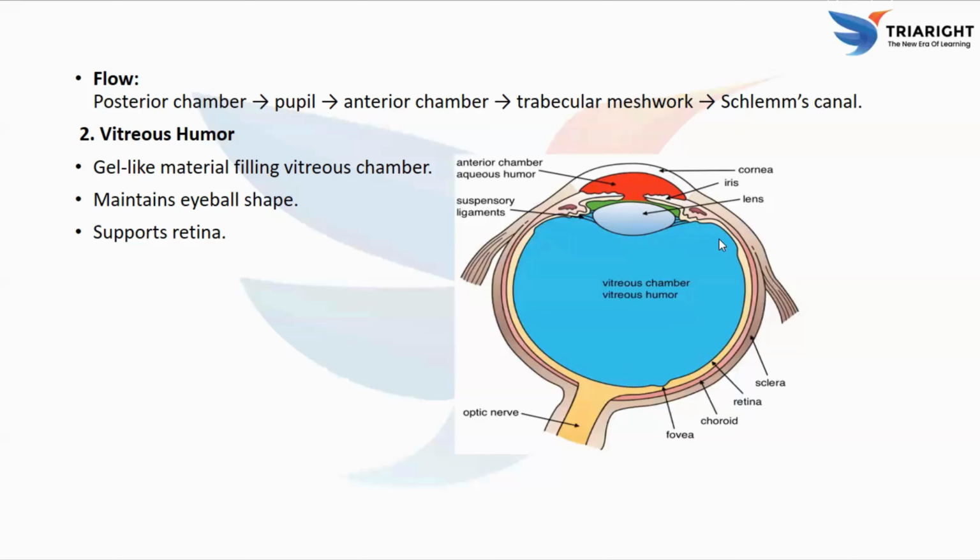Next, the iris. The iris is a pigmented structure that controls the pupil size. And the retina: at the bottom, you can find the retina, which is a light sensitive layer forming the images, and the choroid layer, a vascular layer that nourishes the retina. The fovea is a central vision area with the highest visual acuity, and the optic nerve carries the signals from the eye to the brain.